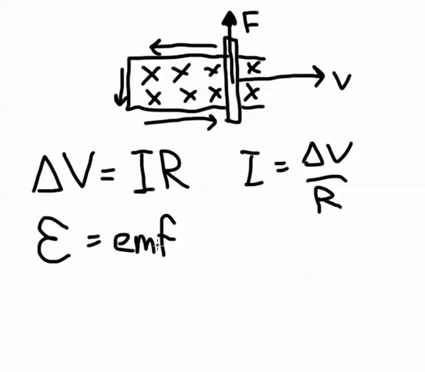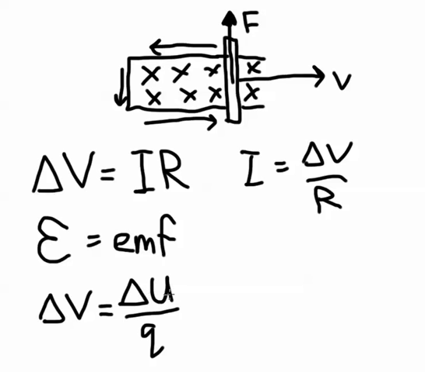And a potential difference is a type of EMF, but an EMF can also include a kind of potential difference that comes from a magnetic force as well as an electric force. So remember that the potential difference is equal to the change in energy that a particle experiences divided by the charge of that particle.